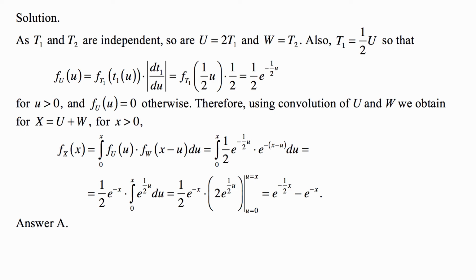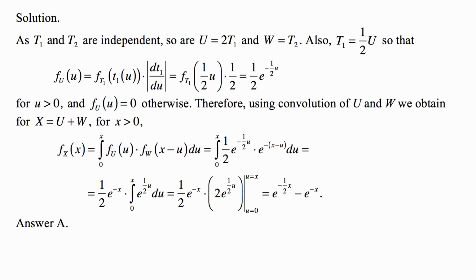And U and W are independent. Both are non-negative with probability 1. To find the density of their sum, we can just calculate the convolution of U and W. So take the integral from 0 to x of f sub U of u times f sub W of x minus u du.